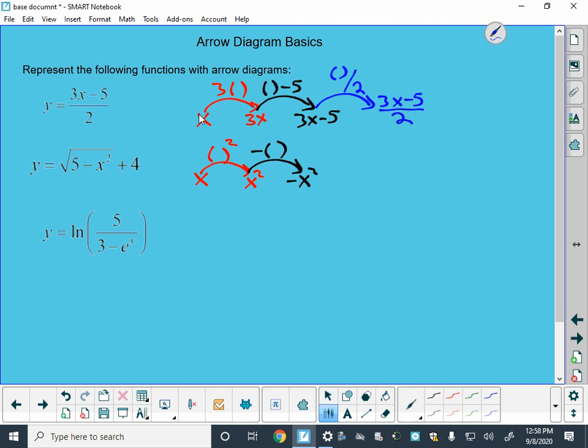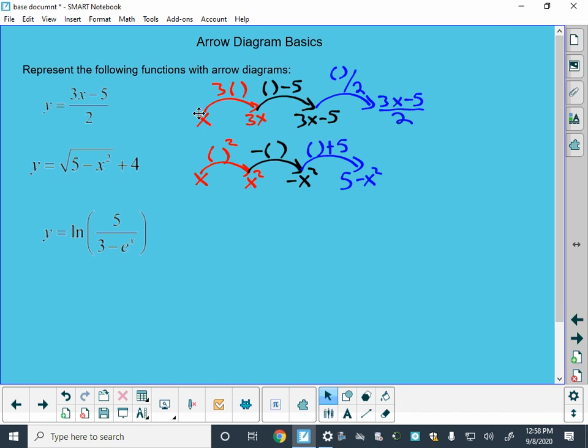On the next step then, to modify that negative x squared, we are going to add 5. If that drops in there, I get a negative x squared plus 5, but because of the commutative property, that's the same thing as 5 plus negative x squared, or 5 minus x squared.